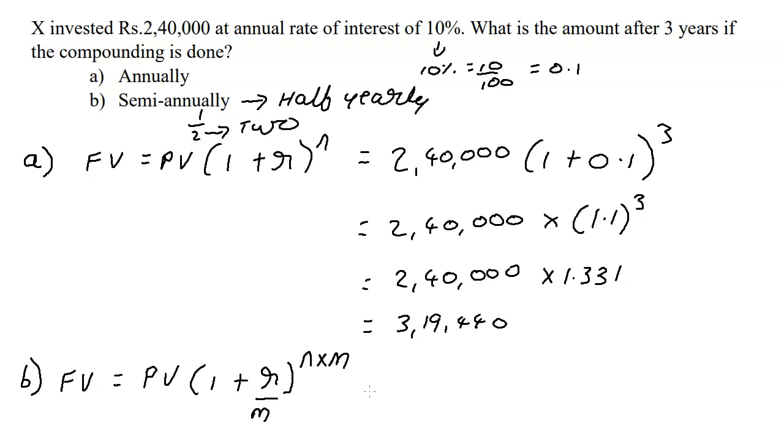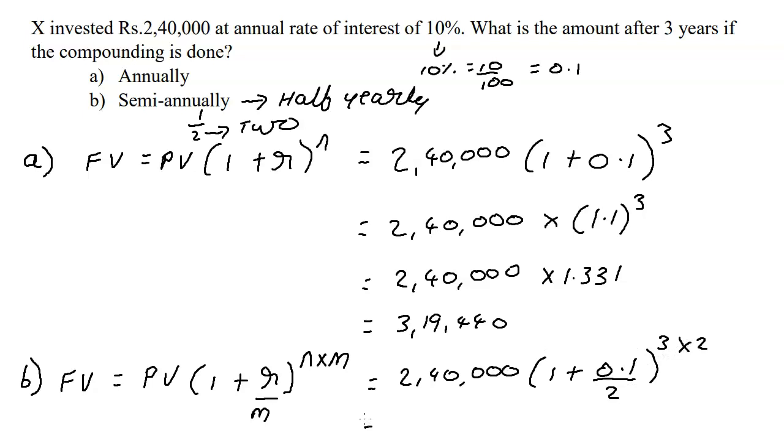So we now substitute. The future value is equal to 2,40,000, open bracket, 1 plus 0.1 divided by 2, the whole thing raised to the power of 3, which is the number of years, n, multiplied by 2, which is the number of multiple compoundings. And now we simplify it further.